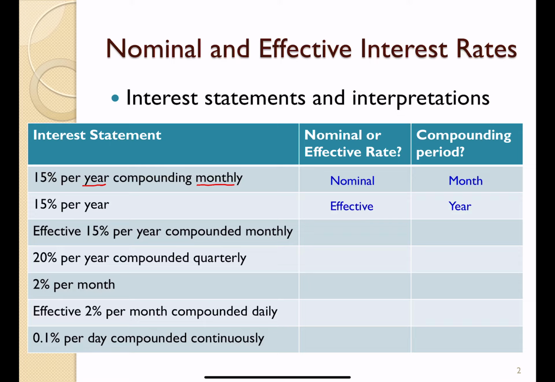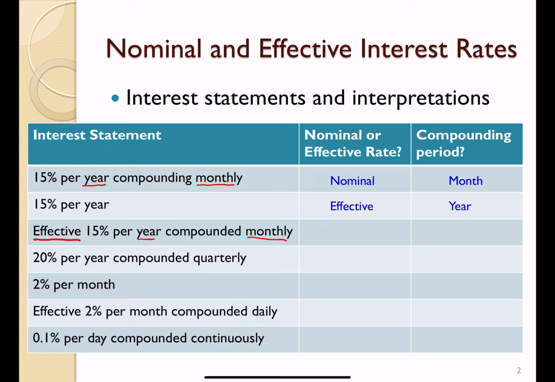Then the third one: effective 15% per year compounded monthly. Now this is a little bit tricky. Per year compounded monthly, so it's something like scenario 1. However, they say effective, so it will be overruled. Regardless of what else they say, it will be effective because they say very explicitly effective 15% per year.